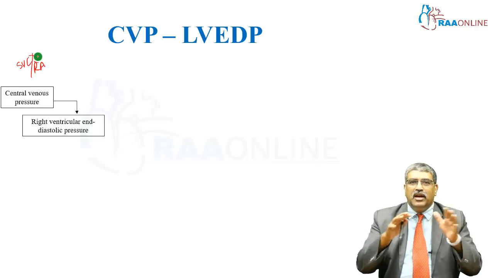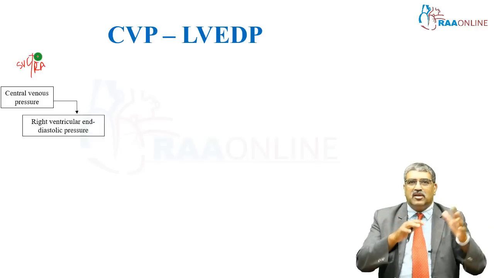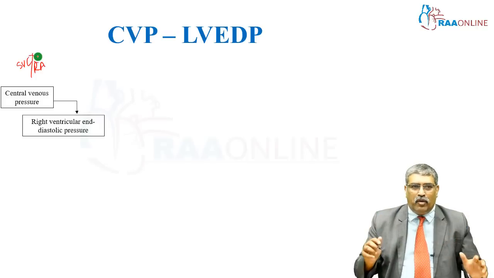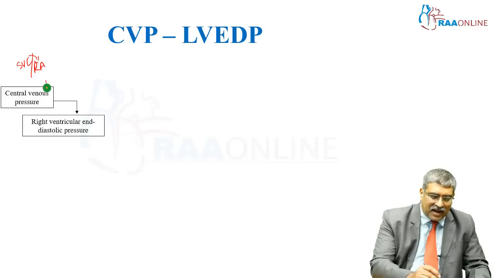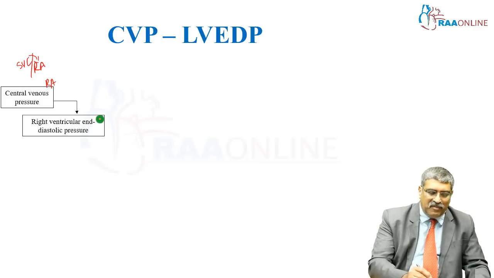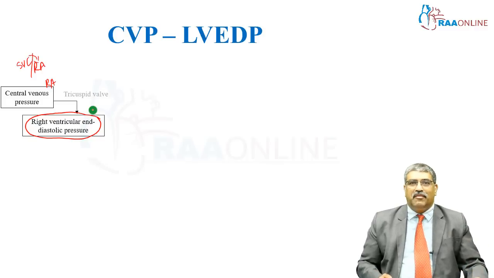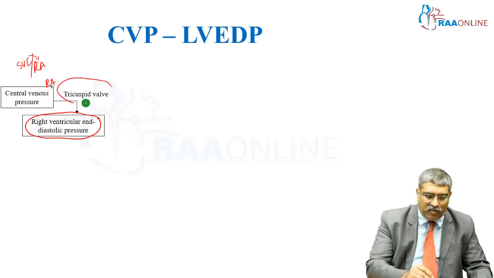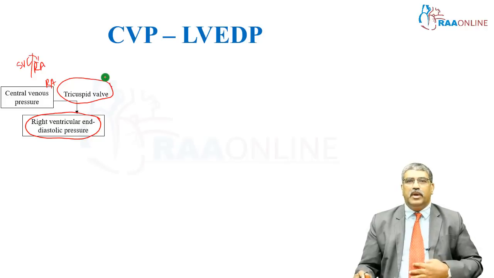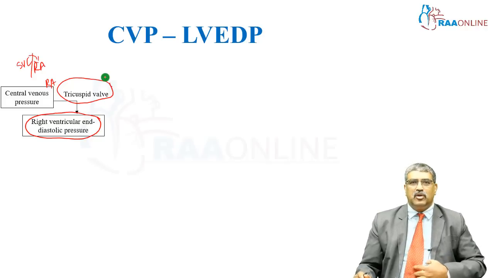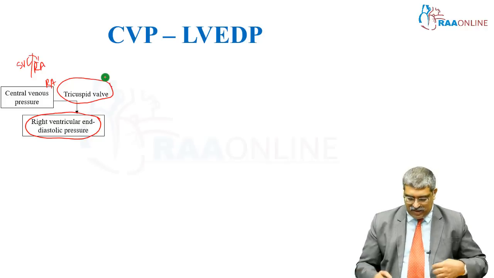There should not be any superior vena cava stenosis or some other venous anomaly. And this right atrial pressure will reflect the right ventricular end diastolic pressure, provided the valve in between, the tricuspid valve, is normal. There should not be any tricuspid stenosis or regurgitation there.